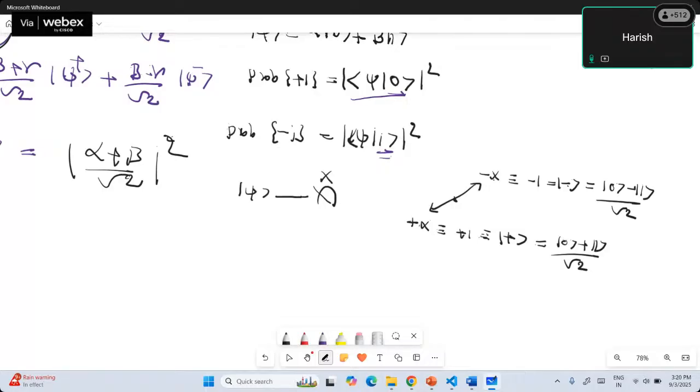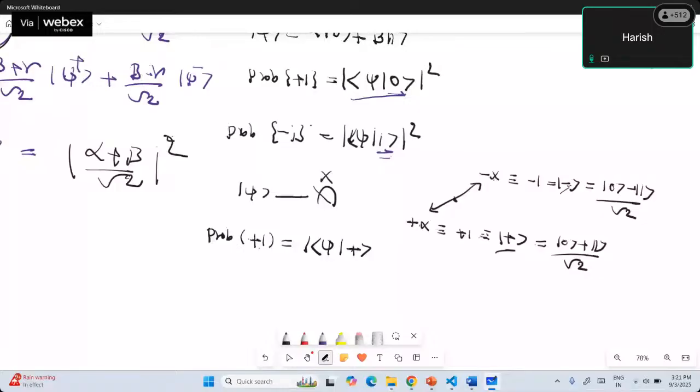So here, if you want to measure in the X basis, then the operation will be like this. In the X basis, the probability of measuring plus 1 is nothing but the inner product of this state with psi. Plus 1 means plus X axis, and these plus and minus are the basis states.